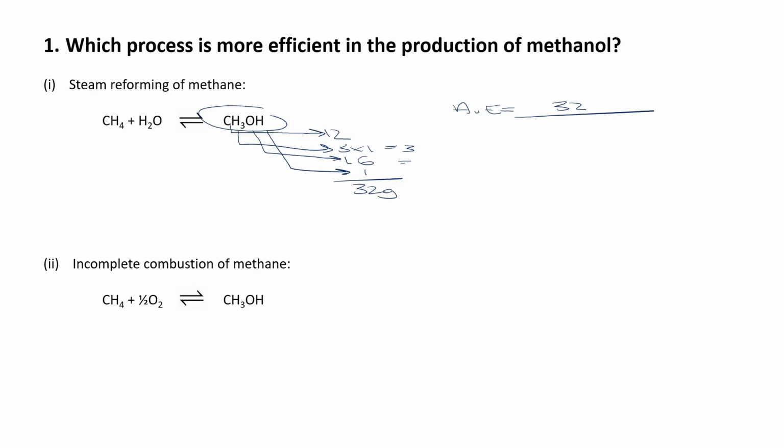We can now calculate the total mass of our reactants. Since in this reaction we only have 1 mole of all of our reactants, we can simply say that our total mass of reactants is 16 plus 18.